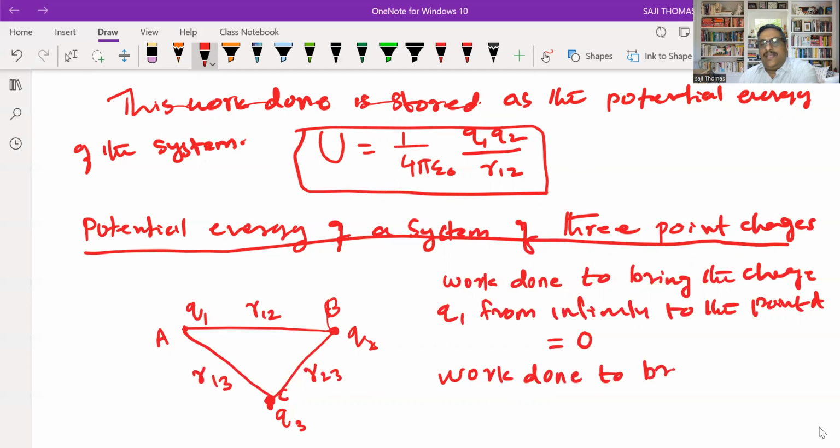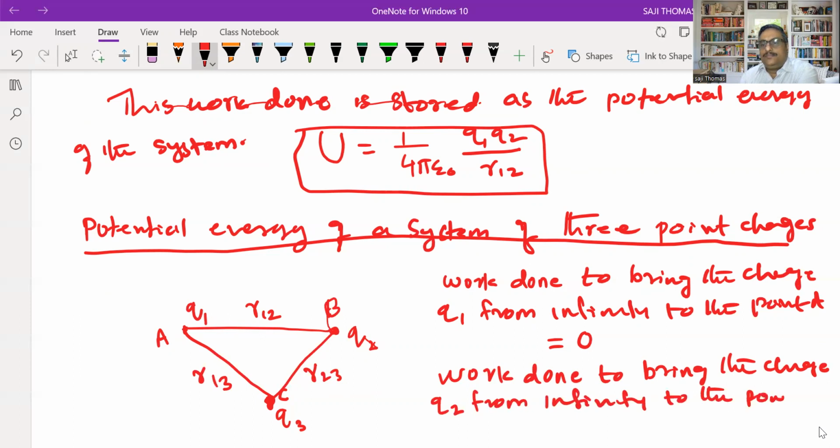to bring the charge Q2 from infinity to the point B. Here you have to do work against the force of Q1.